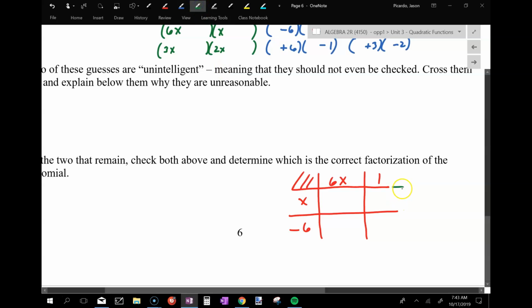And we said when we play tic-tac-toe, our answer becomes this thing in the box, or in the circle. 6x times x is 6x squared. x times 1 is 1x. This is negative 36x. This is negative 6. And x minus 36x is minus 35x.